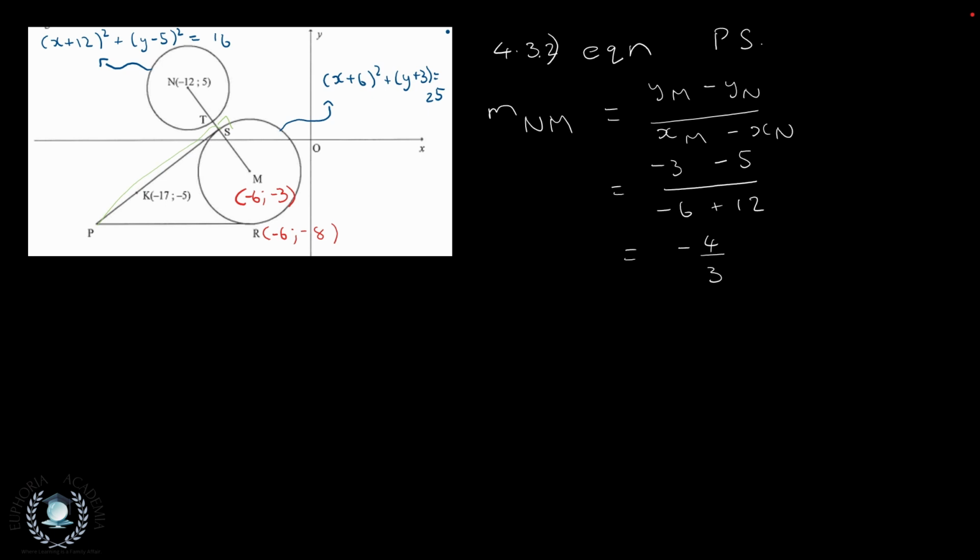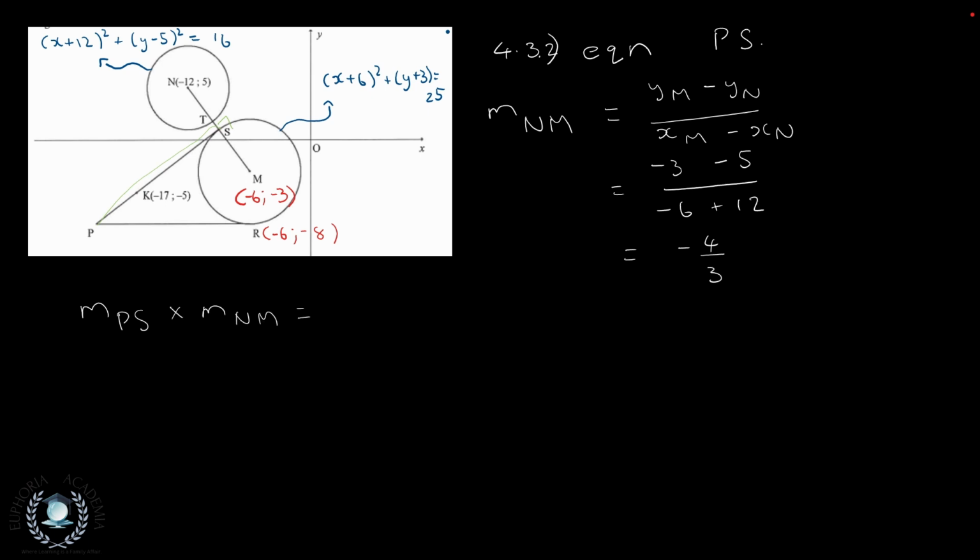Like I said, when you multiply the gradient of NM and PS, you're going to get negative 1. So let's find what the gradient of PS is going to be. You can either write it down, or if you know it, you just have to find the inverse of this as well as the negative, in this case the positive, which is going to be 3 over 4. But for completeness, let us just write the whole sum.